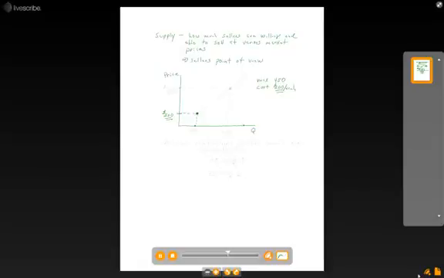Then let's say the price of these refrigerators goes all the way up to $700 per unit. At $700, the seller would be willing and able to sell a lot more of these refrigerators. Let's just say, for example, at the price of $300, the seller may be willing and able to sell 50 units.